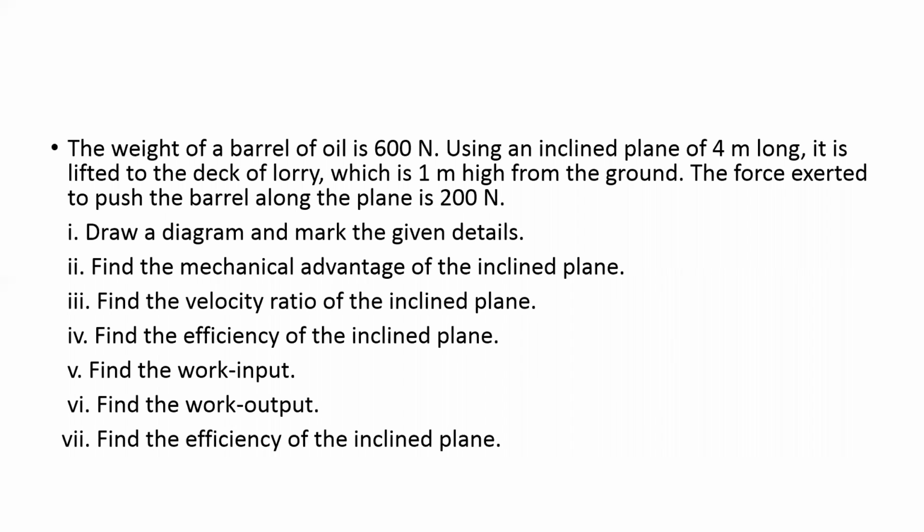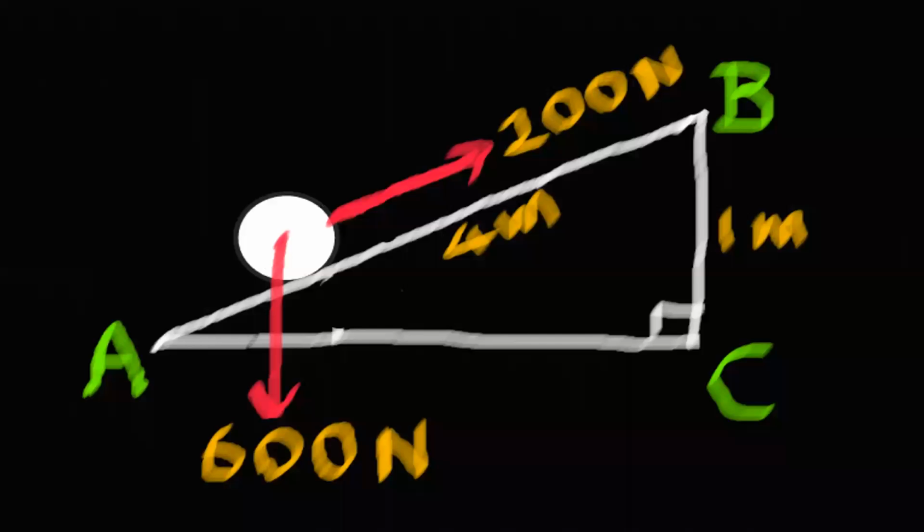Now we go to part 1. You have to draw a diagram and mark the given details. So this is the inclined plane AB. Load is 600 newtons. Effort is 200 newtons. Length of the inclined plane is 4 meters. Height of the inclined plane is 1 meter.